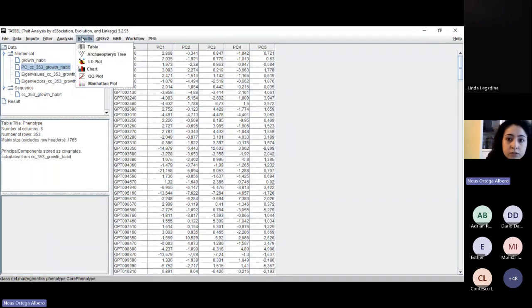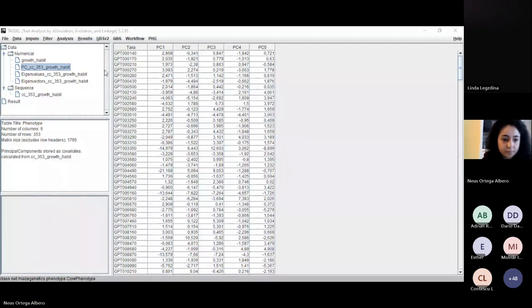Now we're going to do a chart representing these values. I don't know if you are familiar with this type of graph. This is PC1.